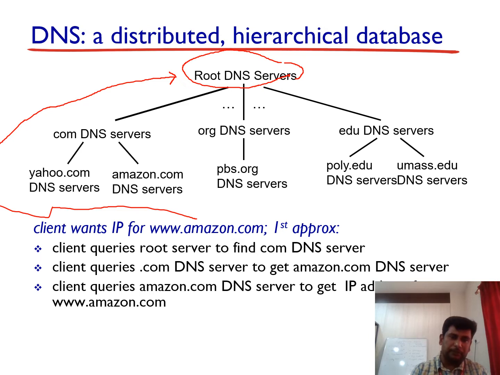From the .com DNS server, we try to find where amazon.com is and get the IP address. So this is how we route a particular DNS query.